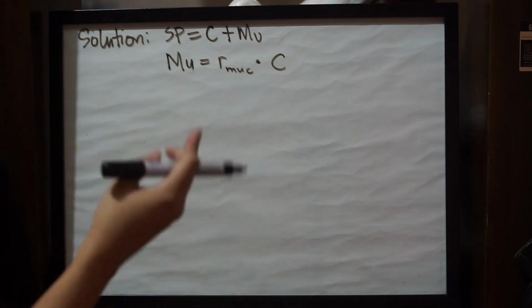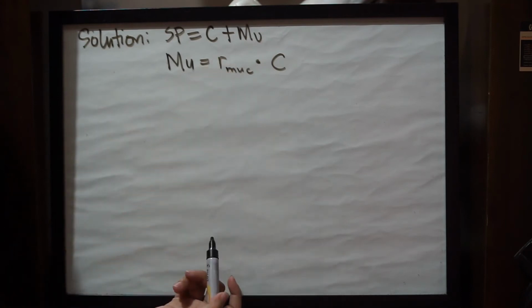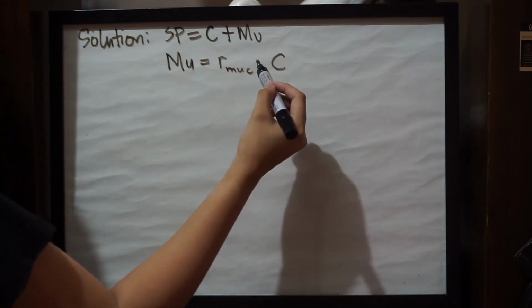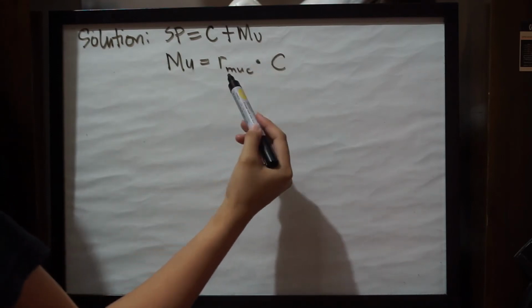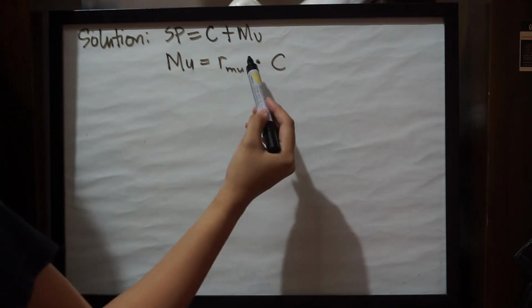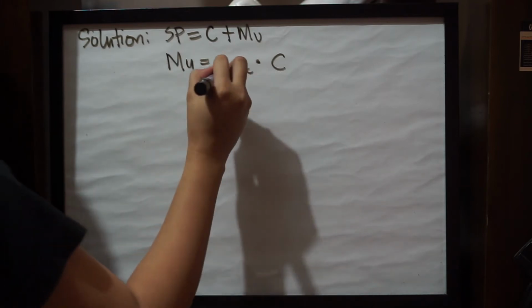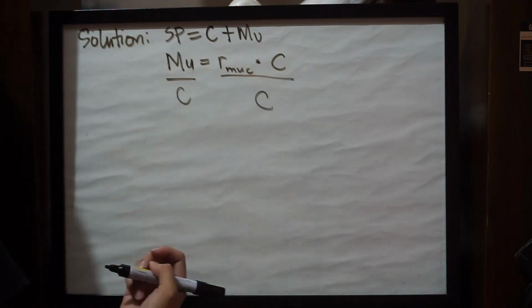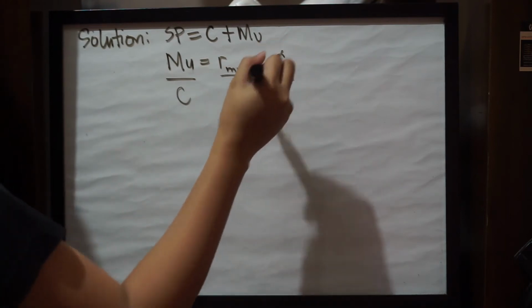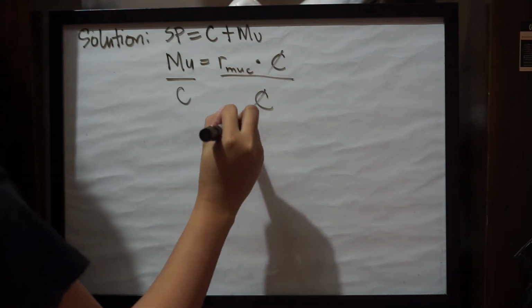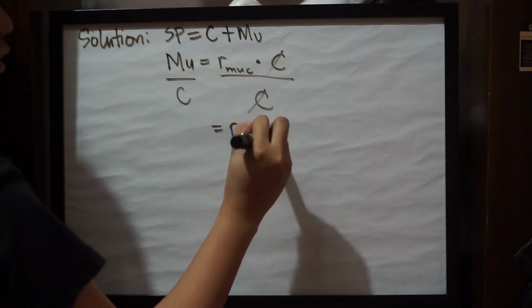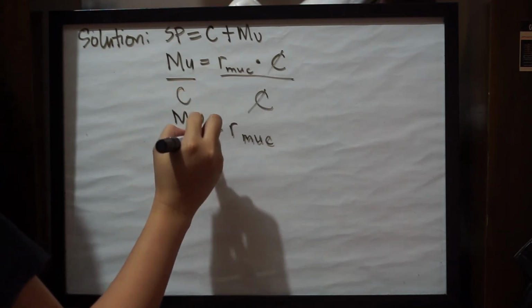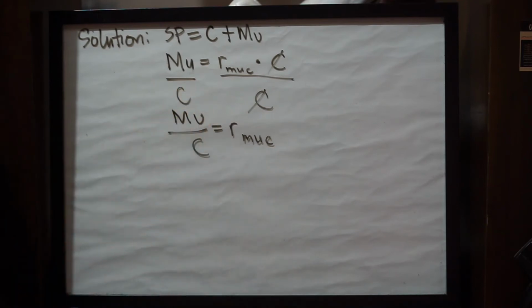So, using the rules in algebra, since the operation between rate of markup and cost is multiplication, all we have to do is divide both sides by cost. So, dividing both sides by cost, cancel, we can now solve for the rate of markup based on cost by dividing markup and cost.